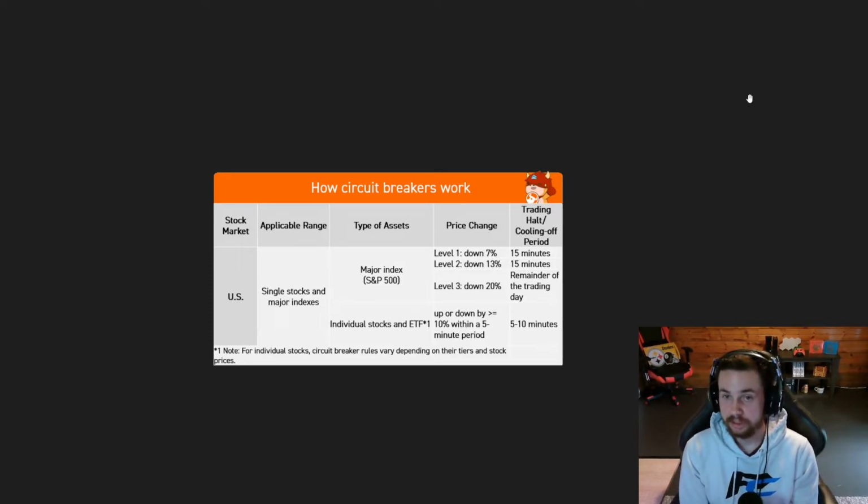Level 2 is if it moves down 13% or more in a 5-minute period, it is also going to be halted for 15 minutes. So level 1 is 7%, level 2 is 13% in 5 minutes, and both of those are 15-minute halts. Now level 3, if the S&P drops 20% or more in a 5-minute period, which is kind of crazy, it will be halted for the remainder of the day.